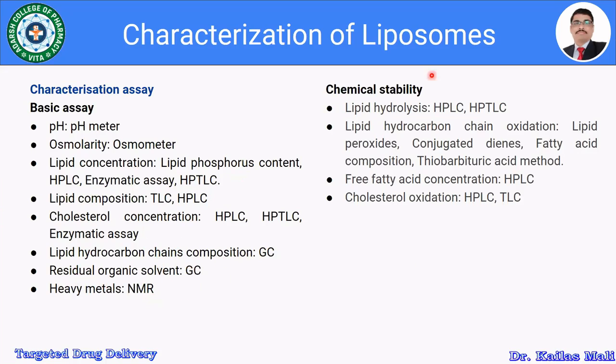The chemical stability, for example, lipid hydrolysis by HPLC and HPTLC, lipid hydrocarbon chain oxidation by lipid peroxidase, conjugated dyes, fatty acid composition, and the thiobarbituric acid method. Then free fatty acid concentrations by HPLC and cholesterol oxidation by HPLC and TLC.